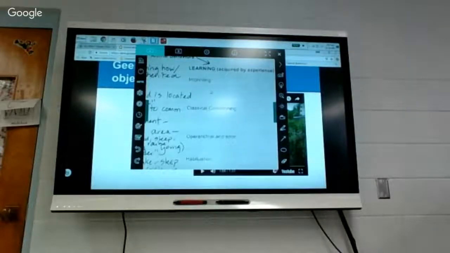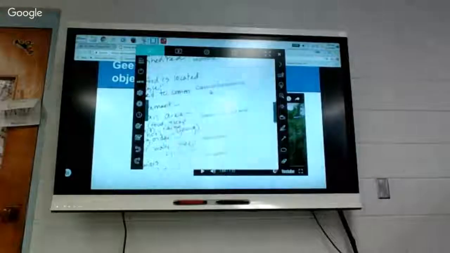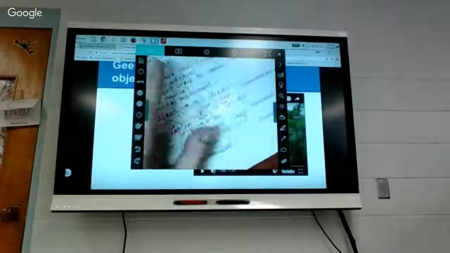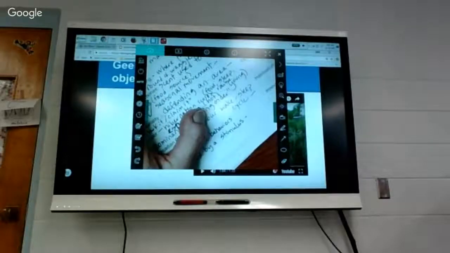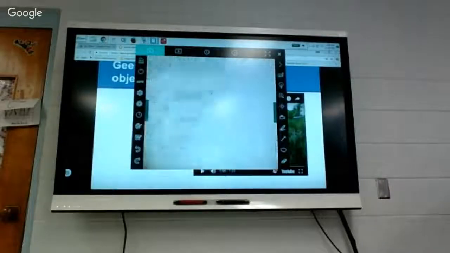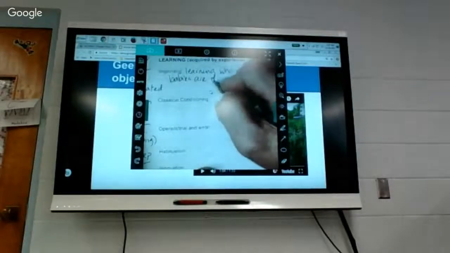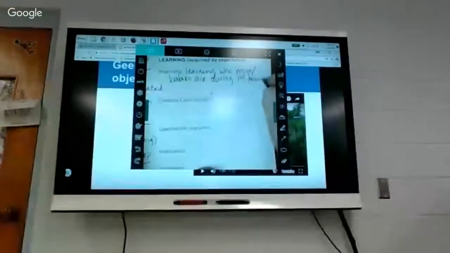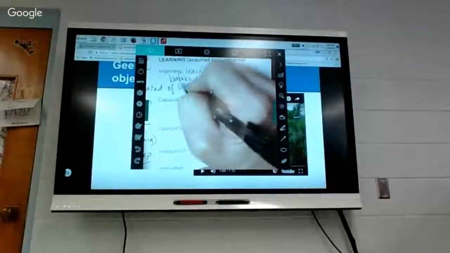So imprinting is the learning that takes place in the first 48 to 72 hours of life. So learning who mom and babies are during the first hours of life.